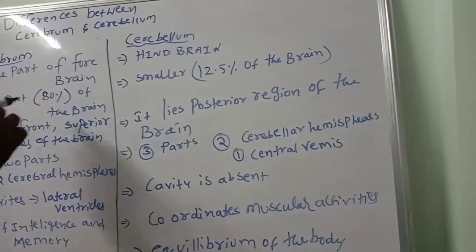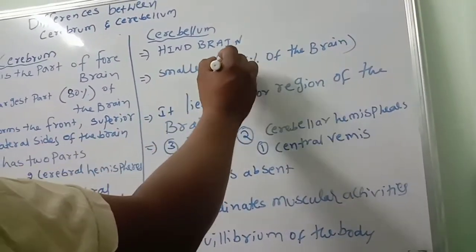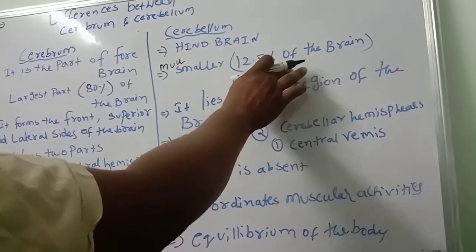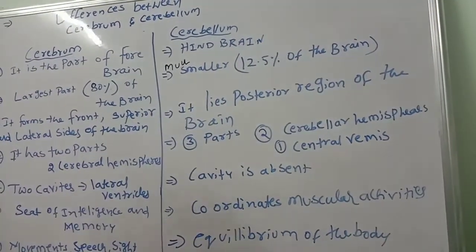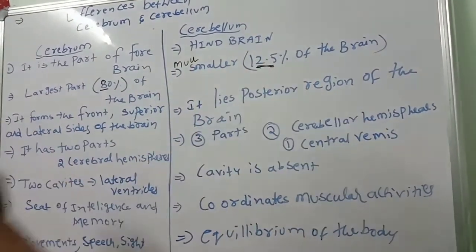This point you should remember. The cerebellum is the smallest, much smaller, 12.5% of the brain. So here 80%, here 12.5%.